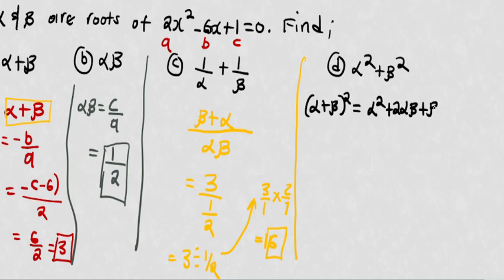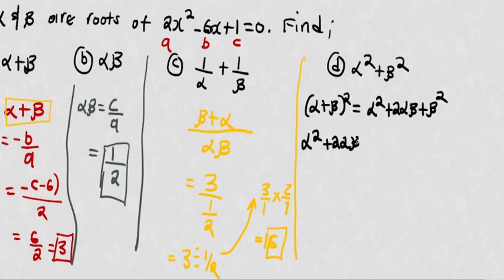Then from there, what are we going to do? If we interchange, alpha squared plus 2 alpha beta plus beta squared is equal to alpha plus beta squared.